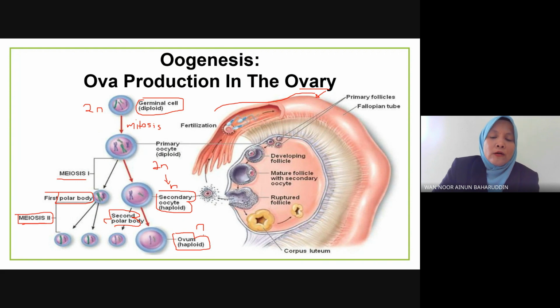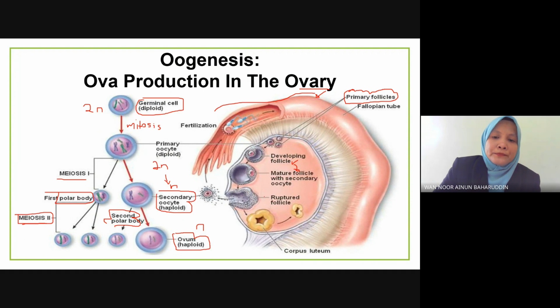So this is all about the egg, but we also have to know about the container of the ovum itself, what we call follicles. The follicles are also developing, from small into mature follicles.